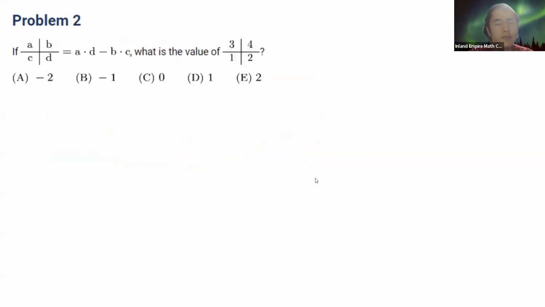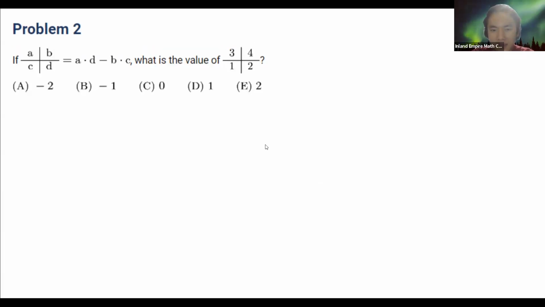No? Okay. Problem 2. This weird configuration of A, B, C, D is equal to A times D minus B times C. What is the value of 1, 2, 3, 4 in this weird configuration? Okay, Kimmy says it's B. What does everyone else think?